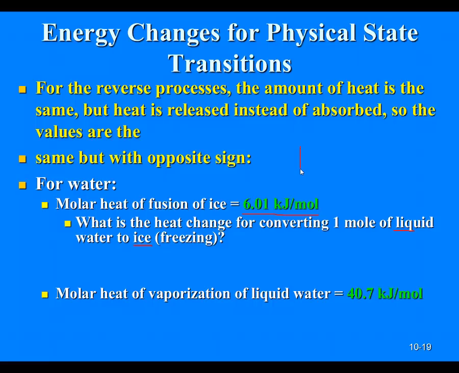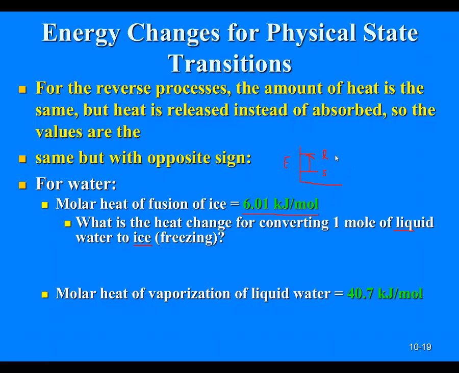So let's actually look at a little diagram here with energy. If I'm going between a solid state of matter and a liquid state, if I put energy in, that's my molar heat of fusion, and that's 6.01 kilojoules per mole.